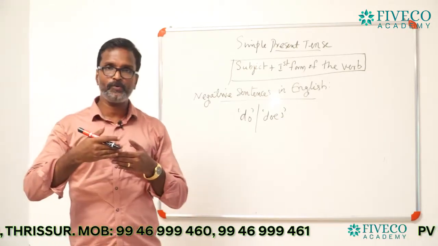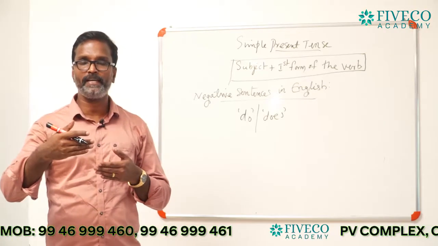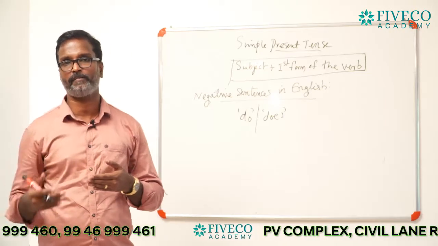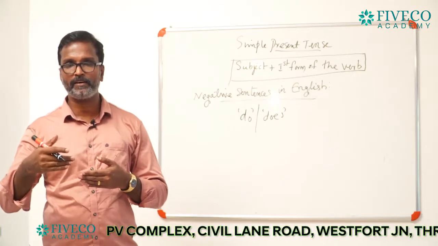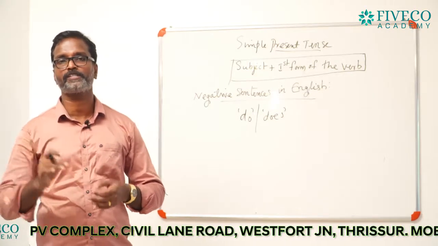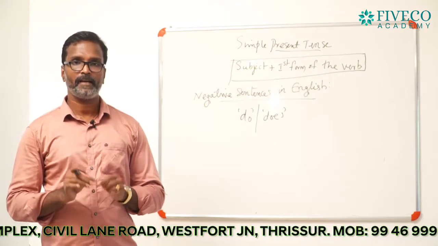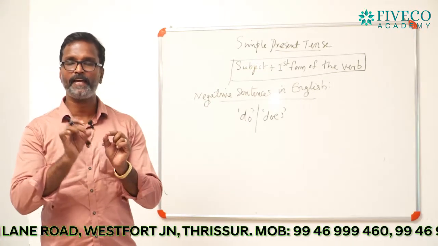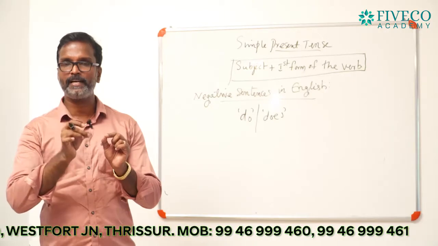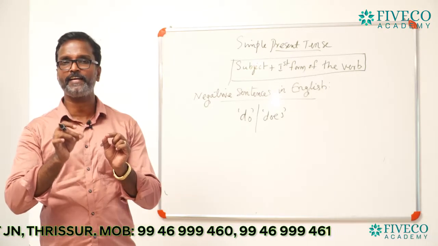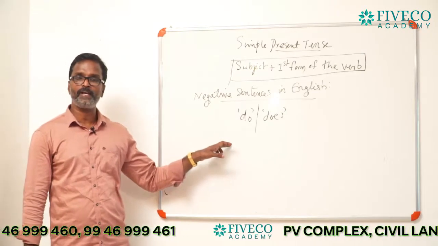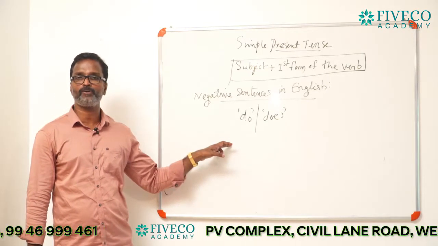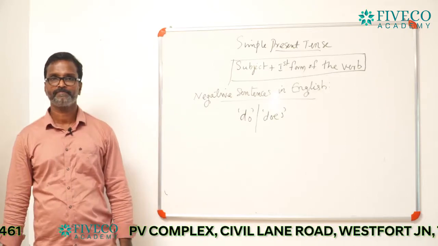If the subject is singular, you can use only a singular auxiliary verb. And if the subject is plural, you can use only a plural auxiliary verb. I mean, a singular subject will receive a singular verb. Similarly, a plural subject will receive a plural verb. This condition is known as subject-verb agreement or subject-verb concord.